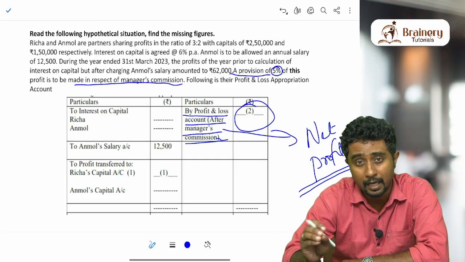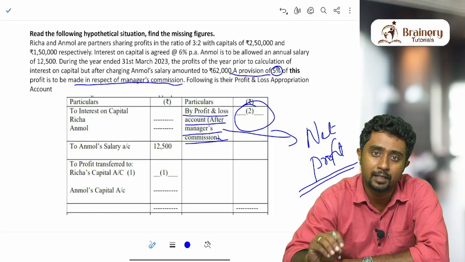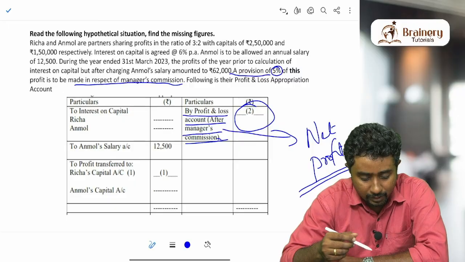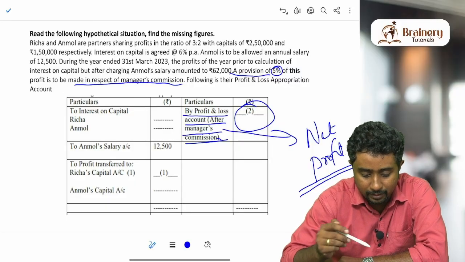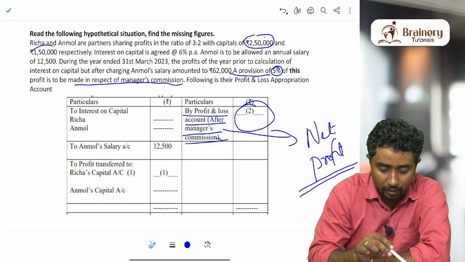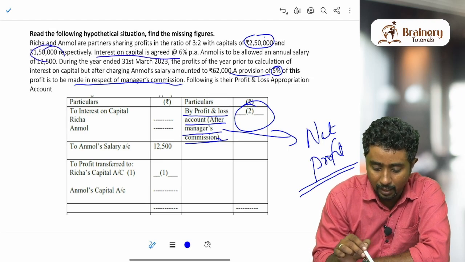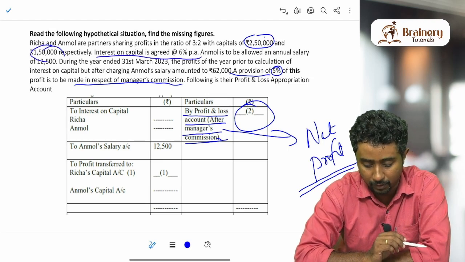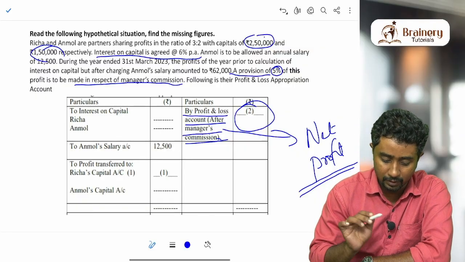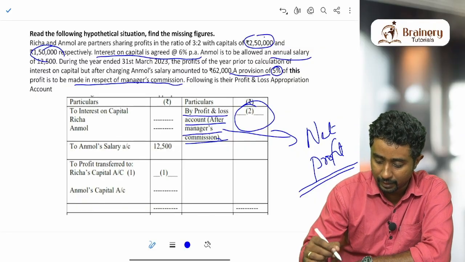That means only after calculating manager's commission will we get the net profit. Keep that in mind.